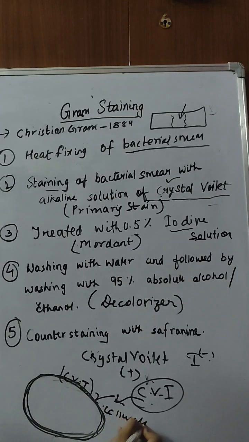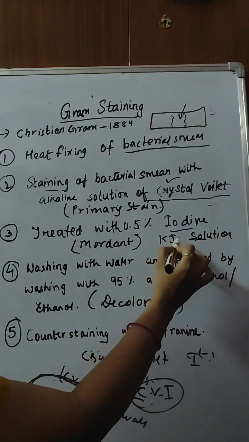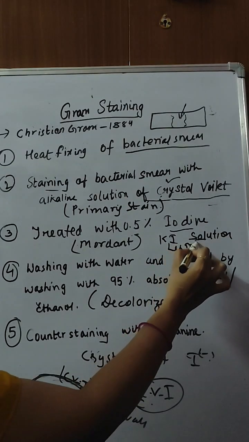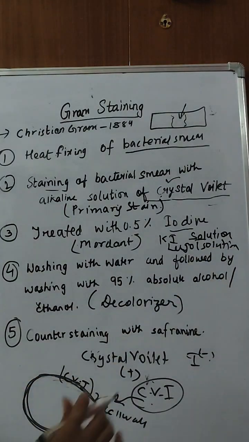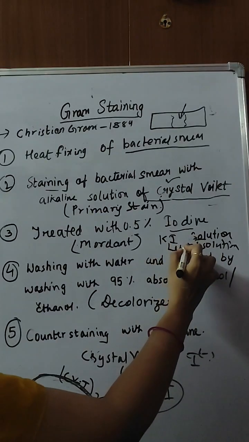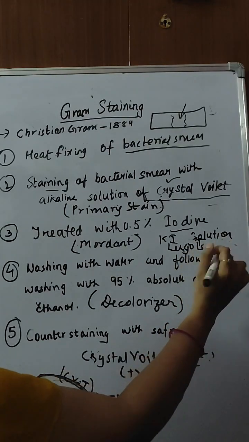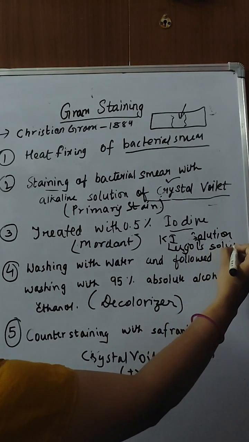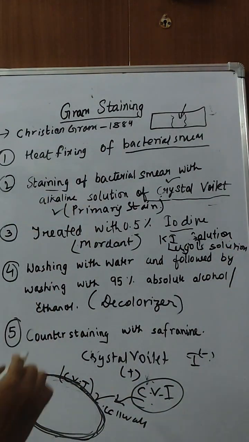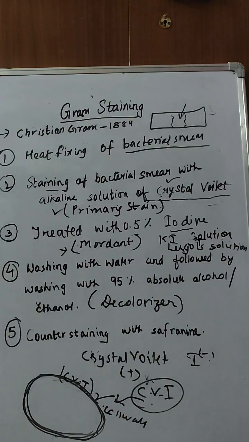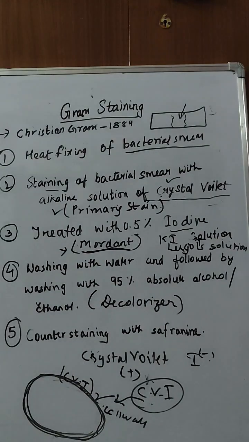This is known as iodine solution, KI solution or Lugol solution. These are the names we use generally. This is used for fixing the primary stain, and it is known as the mordant. In any exam you can get this question: what is the mordant used in gram staining?